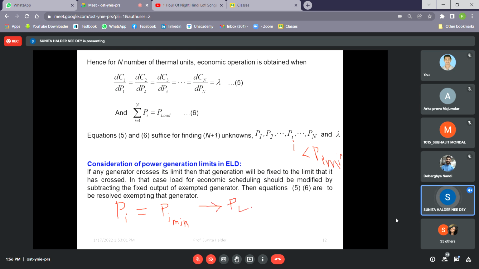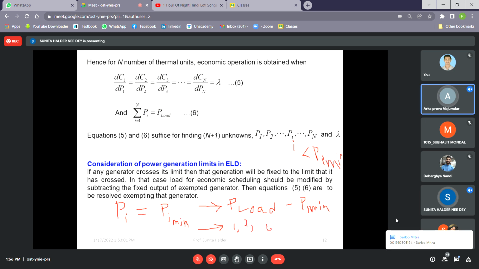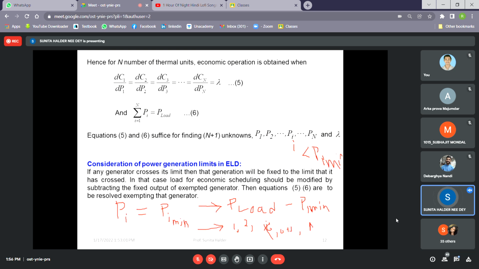Because this generation output is fixed, the remaining load is P load minus Pi min, right? And what are the remaining generators? 1, 2, and so on, i will not be there, i plus 1 to n. So for the remaining n minus 1 generators, we shall get n minus 1 solutions, right? In this way we shall proceed.